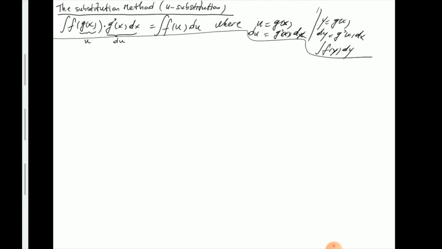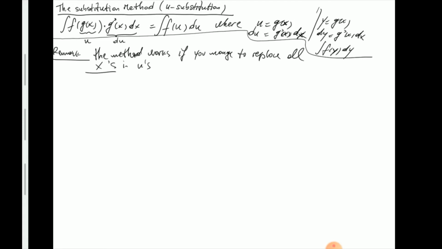So the main idea, and let's write it as a remark here: the U substitution method works if you manage to replace all x's with u's. I mean, if you have all the variables that you had in terms of x, now in terms of u.